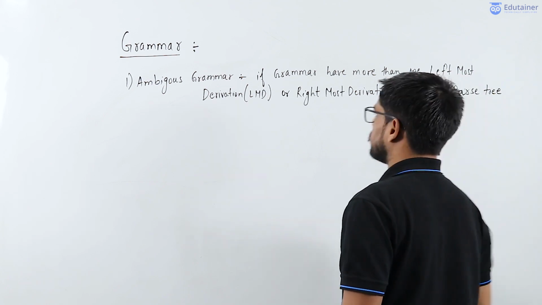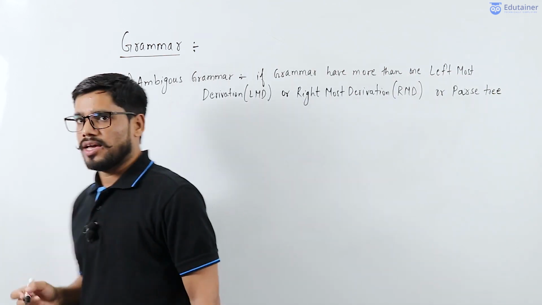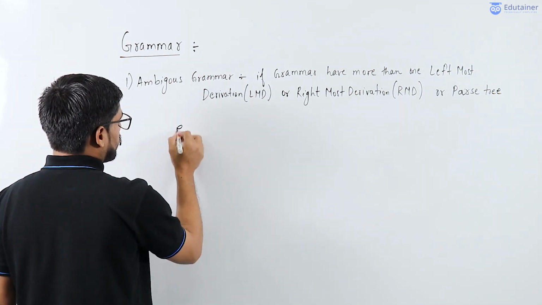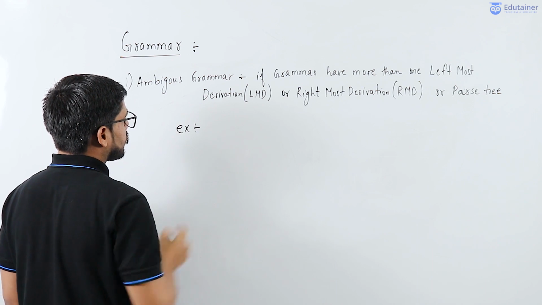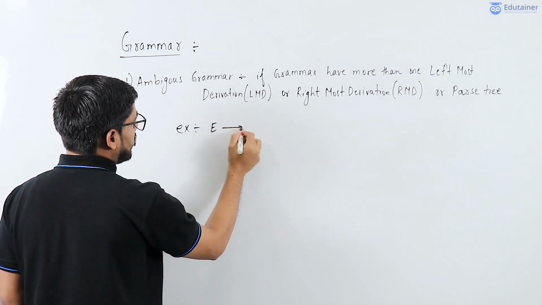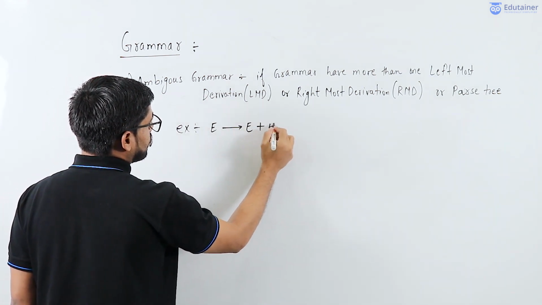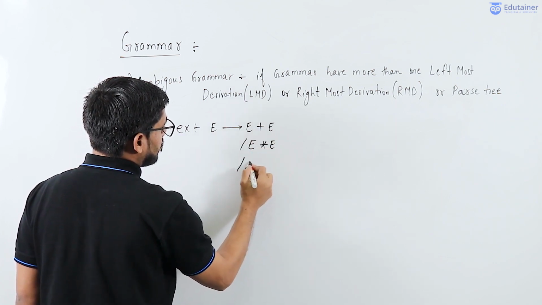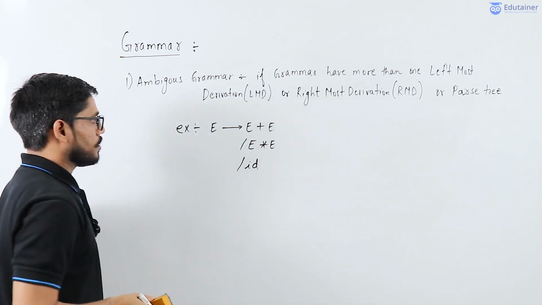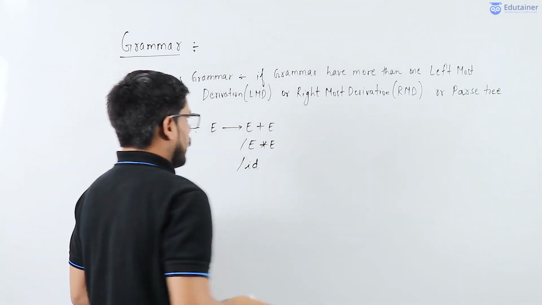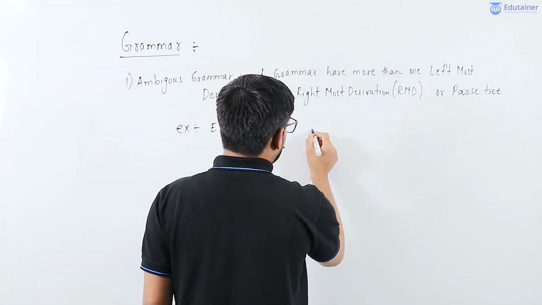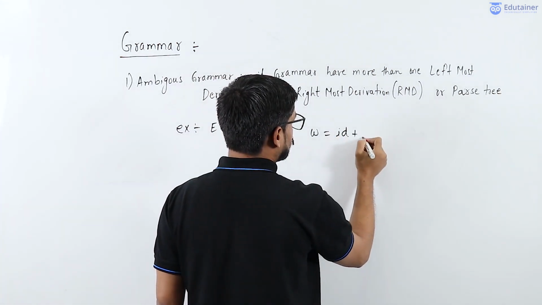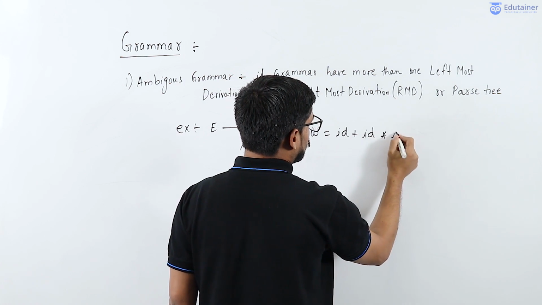Okay, so let's understand this definition with the help of an example. So I will take the previous example. The example is E derives E plus E, or E star E, or simply ID. Okay, and let's take a particular string W is equal to ID plus ID star ID.